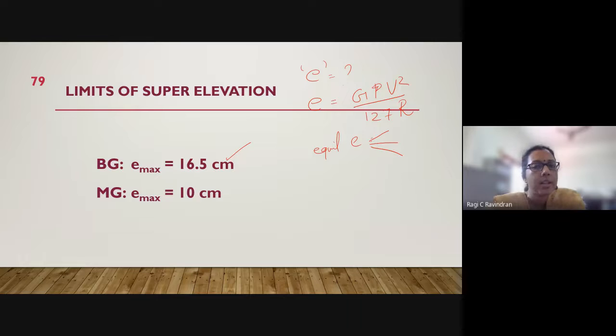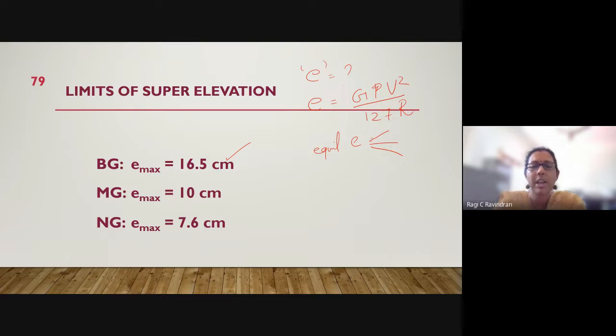Whenever you study, don't just mug up the standard numericals. Along with that, you need to understand and remember the unit also. So broad gauge is 16.5 centimeters, meter gauge is 10 centimeters, and narrow gauge is 7.6 centimeters.